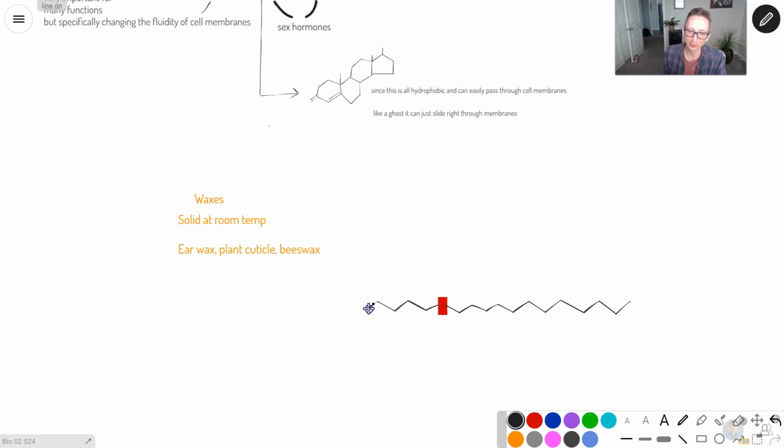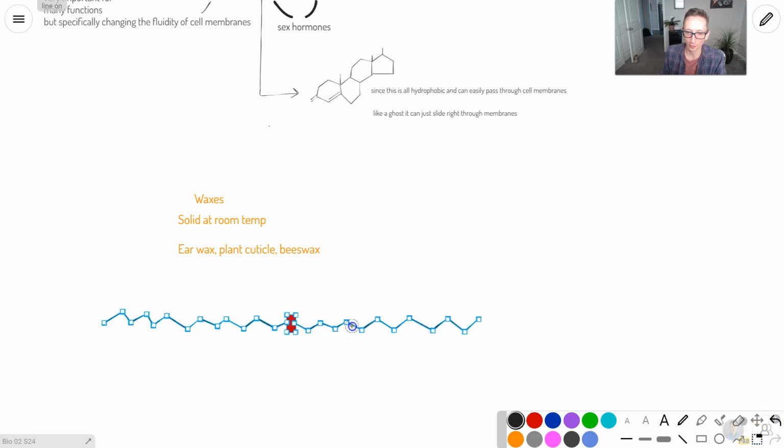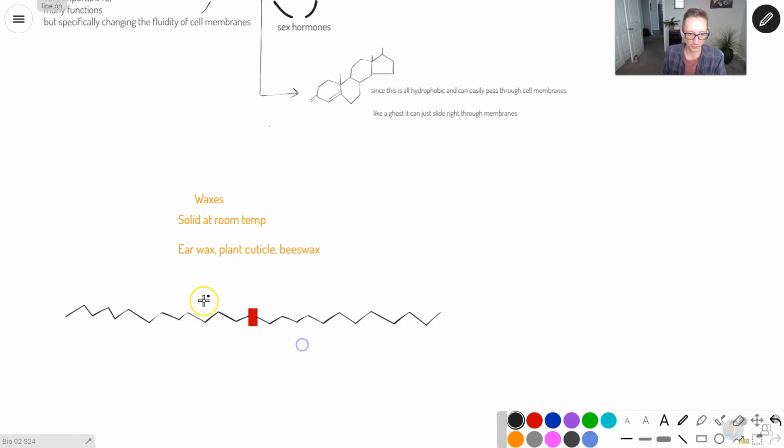So this is just a big, long hydrophobic molecule. So you can see how if you just put a bunch of these on, for example, your skin, this could help prevent you from dehydrating. Useful for preventing dehydration.